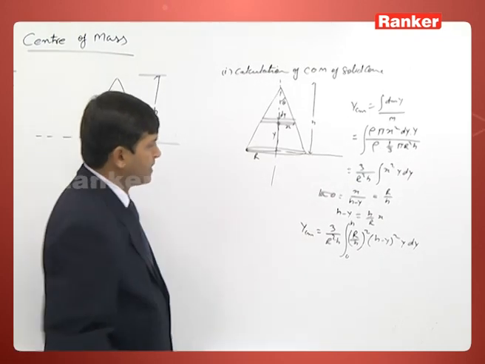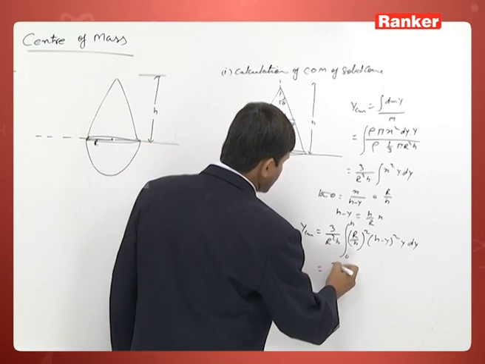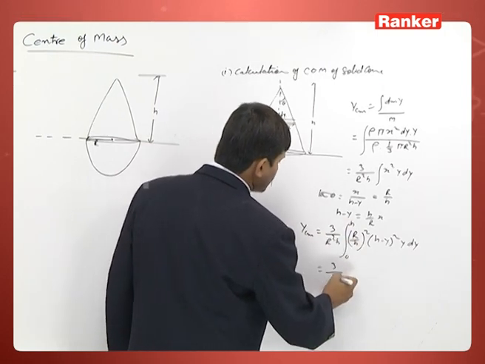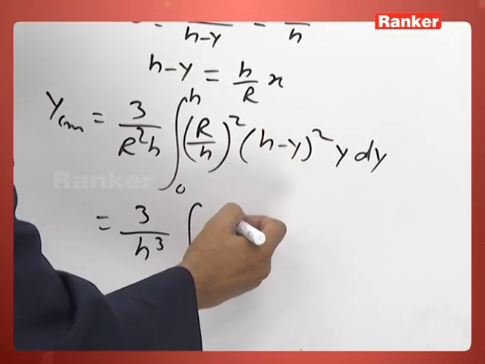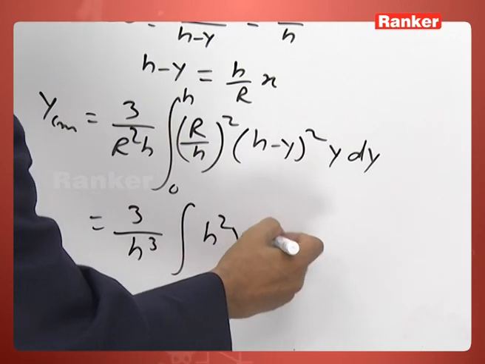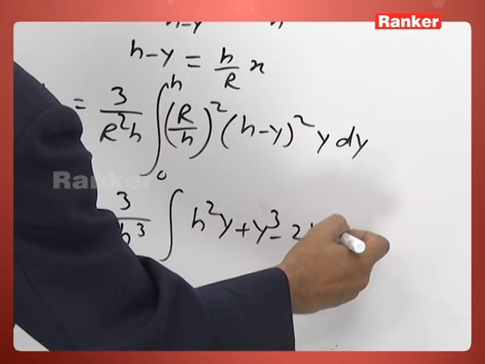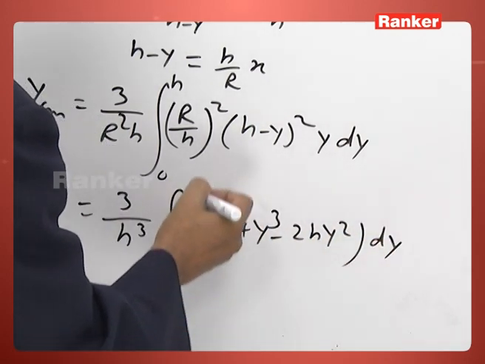Now we can simplify. See, r square cancels, h cube, expand this one: h square y plus y cube minus 2hy square, from 0 to h.